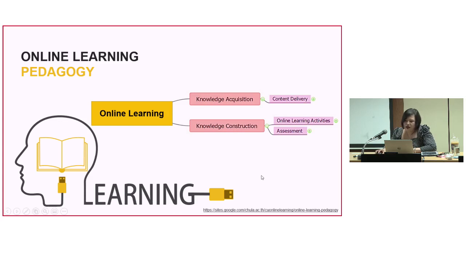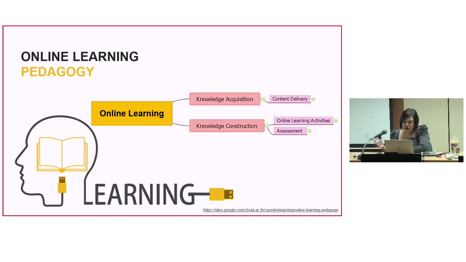Okay. From online learning pedagogy. For online learning, we have main purposes for using online learning. One is knowledge acquisition, and two is knowledge construction. When we design the online course, we want students to access the knowledge and construct the knowledge by themselves.